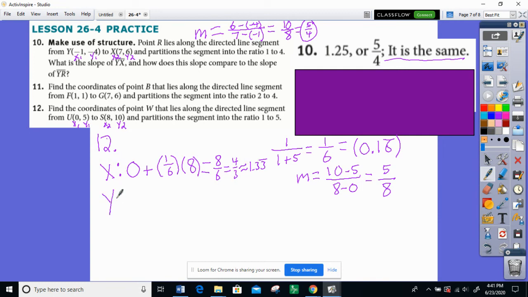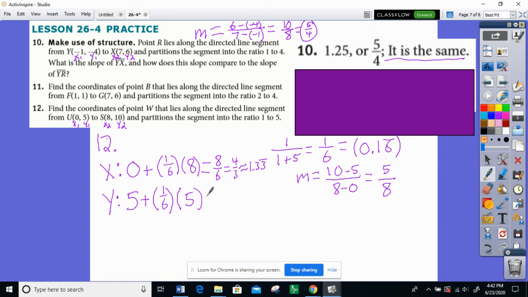Let's do the same thing with the y value. That's going to be the y value where we're starting. U has a y value of 5 plus 1/6 of the whole rise, which is 5.